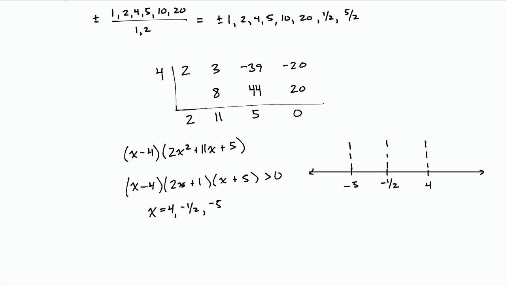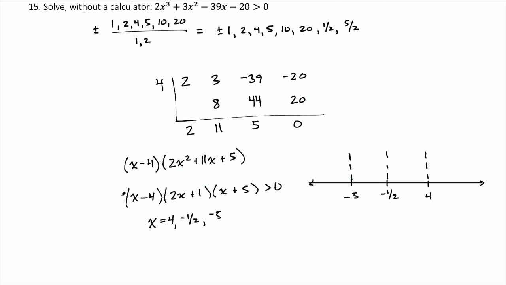So I'm going to use the leading coefficient here, which is a positive 2. And that's, of course, positive, so the far right of the graph is positive. And each of these zeros has a multiplicity of 1, which is odd, so the sign changes as we go through each of those zeros. So from positive to negative to positive to negative.